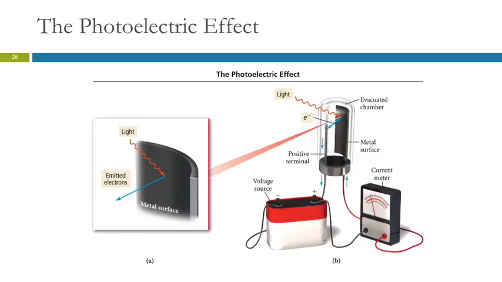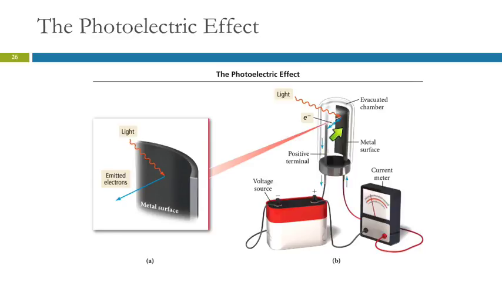Here's the setup. You have an evacuated chamber, because if you have any gas in there, it catches the electrons. So we have a metal surface here. We're going to set this up, attach it to a voltage source. We have this metal surface that the light is shining on, and then we have another electrode over here.